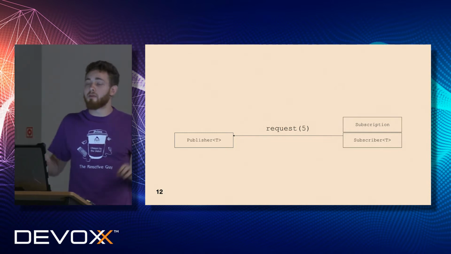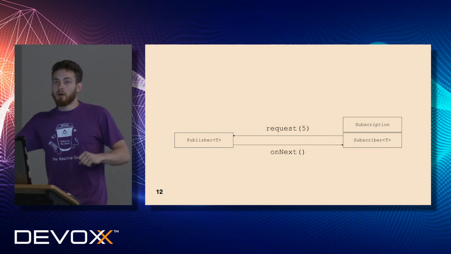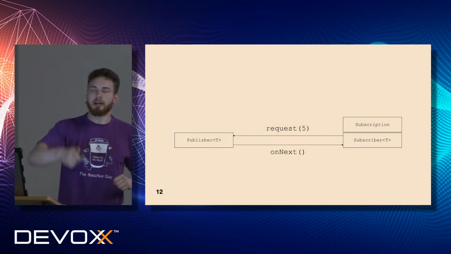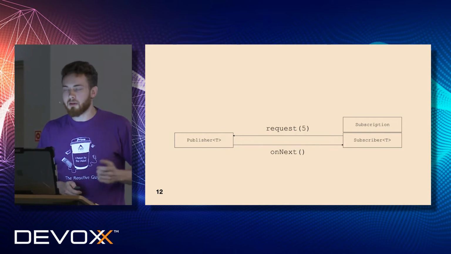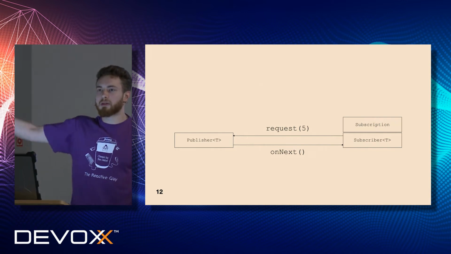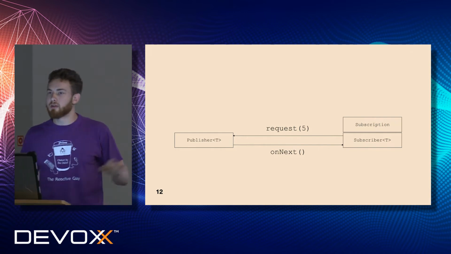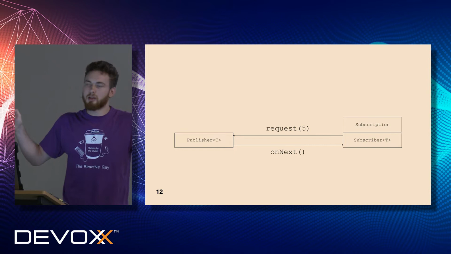And the publisher, due to the contract, should send only 5 or fewer elements and not more. And in case there is a completion, a completion signal will be sent.